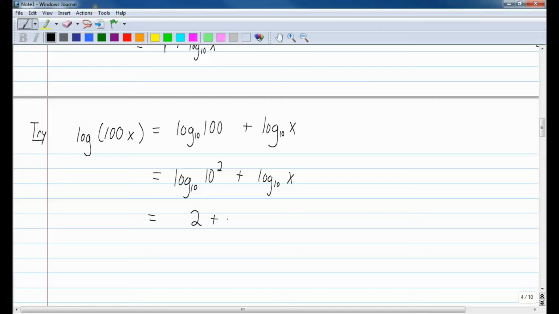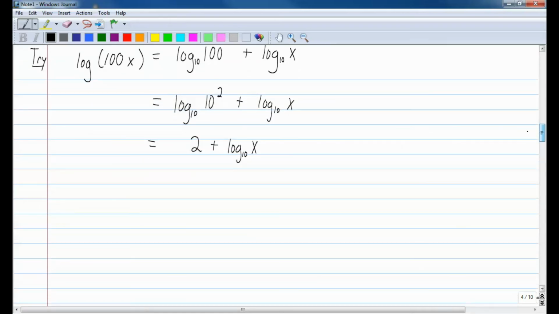So I have 2 plus log base 10 of x. Alright. That is the product rule. You take a product that you are evaluating at a logarithm and you make it into a sum.